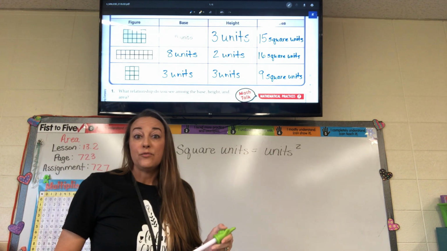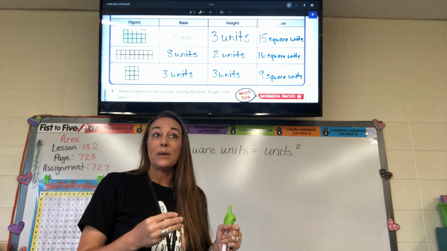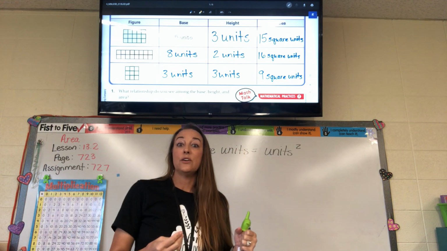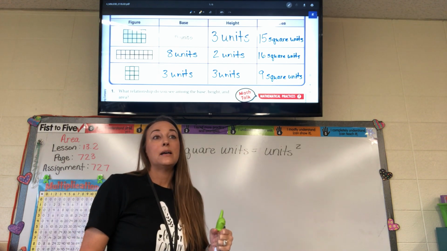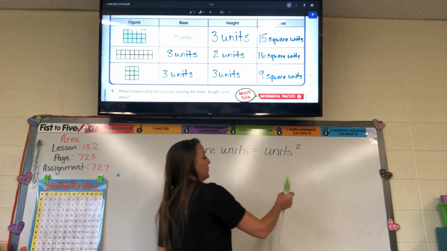Next year when you get into volume, there are 3 measurements that you multiply together for 3-dimensional figures. So you would write units cubed with a little 3 instead of the little 2.